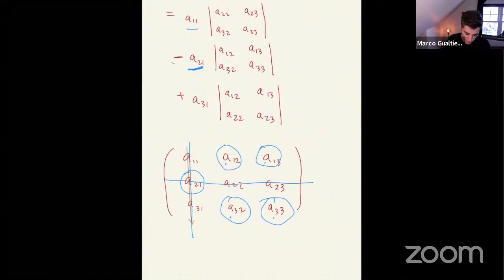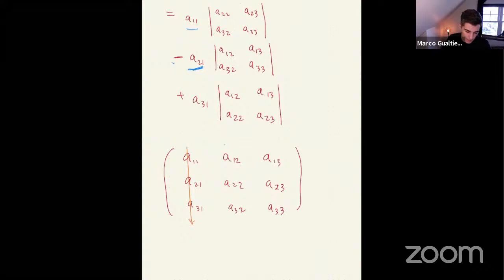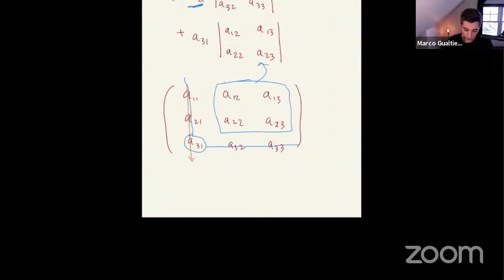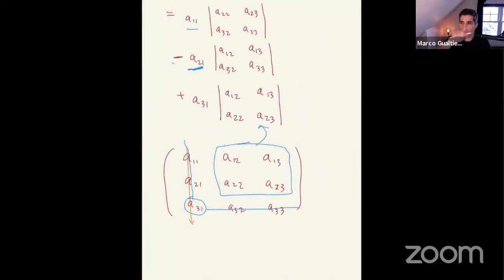Okay, and then the last term is coming from A31, shooting out laser beams that make you ignore the column and row that it's in, and it focuses your attention on this matrix, which occurs right there as the determinant. Okay, so in general, this is how the Laplace expansion works: you choose a row or a column.